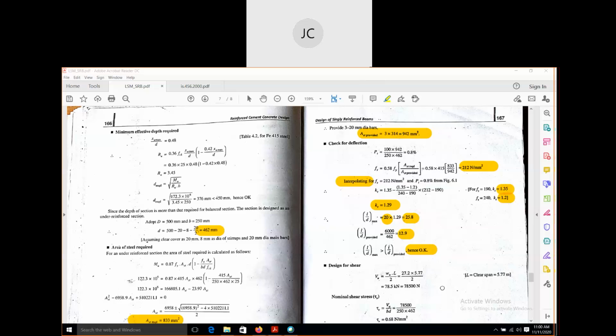Actually, this is a very simple step only. You only need to find out the value of modification factor. The remaining portion is very easy. Hello. Do you have any doubt? You ask me, or you can go to the next step?